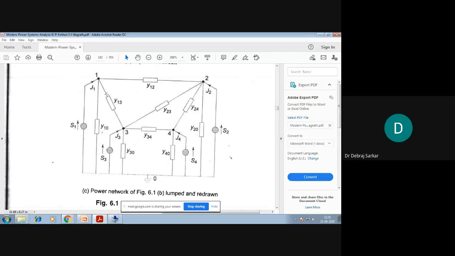Now, if you write the equation, I want all of you, do you have your pen and paper? Yes, sir. Please go on and try to draw this circuit and write the node voltage equation. Can you do it?